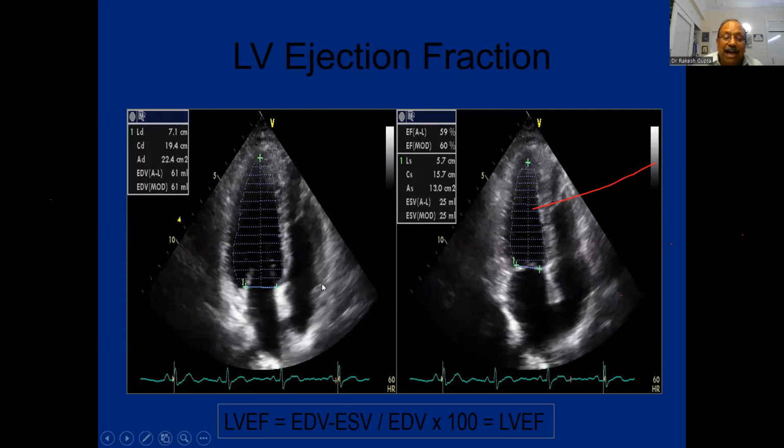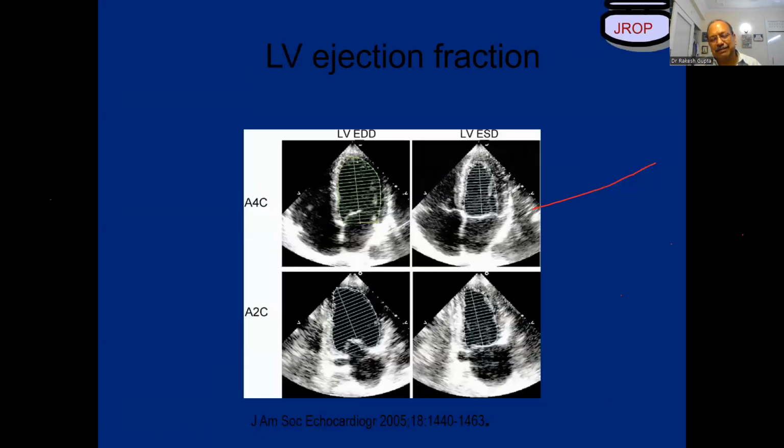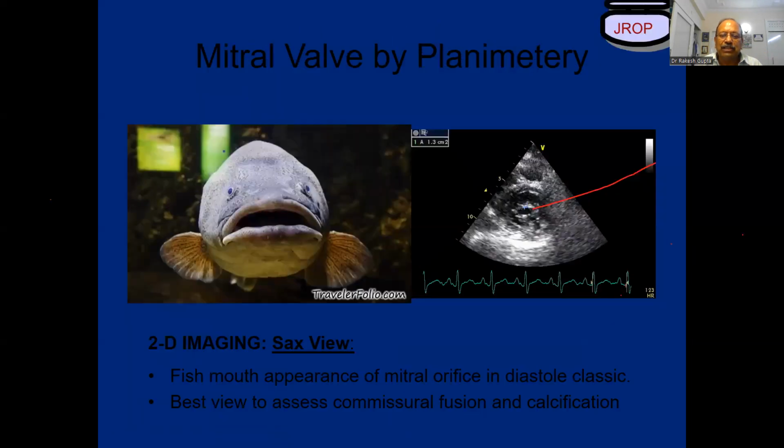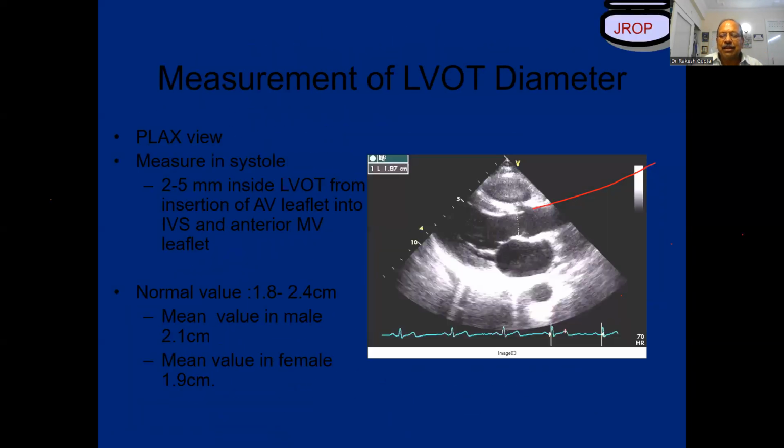If this triangular RV becomes bullet-shaped or dilated, then you concentrate on measuring your RV and RA dimensions. And in Parasternal window, always spend time. This is a learning: always spend time looking at this window. Proximal RVOT dilatation will tell you, look, RV is dilated.